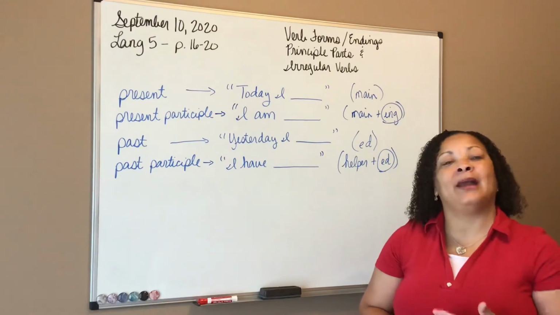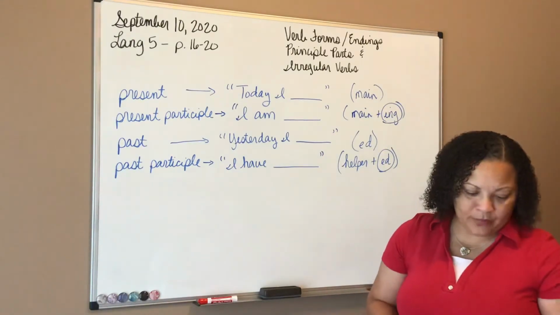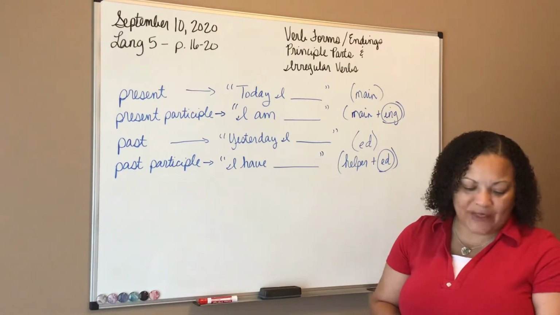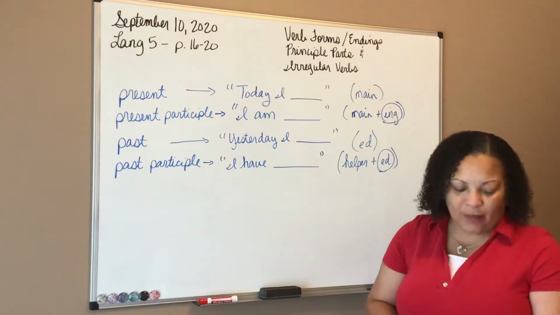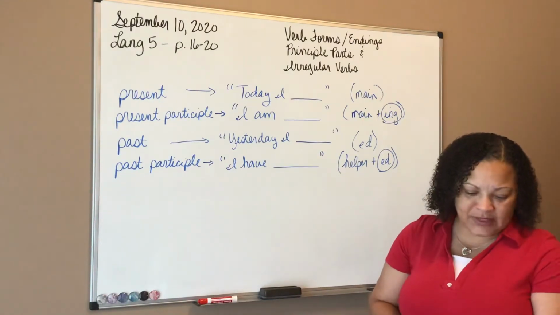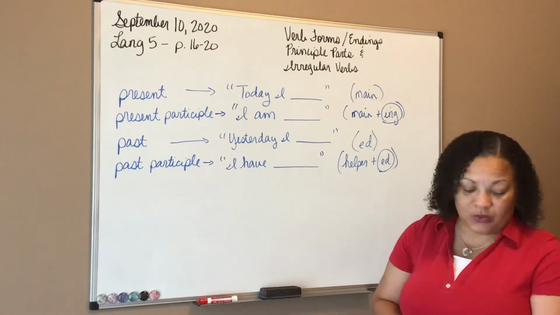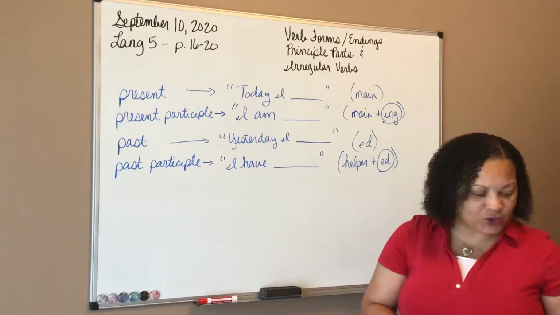So you say "I am brushing my teeth," right? Okay. So for the next example, "I will be learning French." Yes, there can be more than one helping verb when you have these types of endings. So please go over the look closely, read your rules and how to change your endings, okay, because that will help you on page 20.